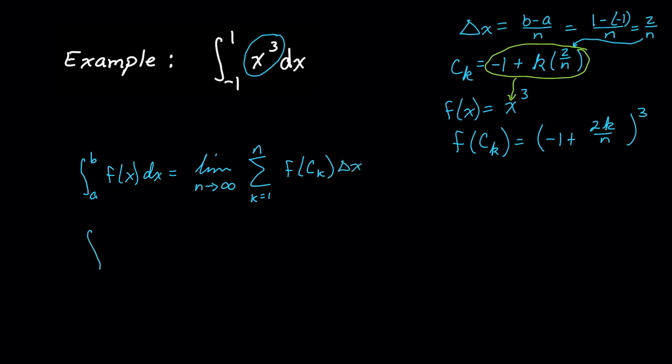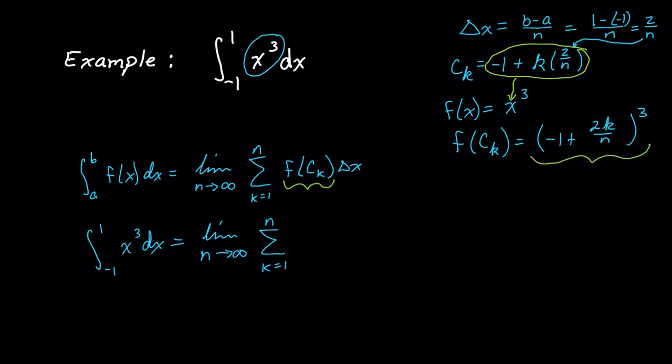Well, that means that our integral from -1 to 1 of x cubed dx would equal the limit as n approaches infinity of the sum from k equals 1 to n.